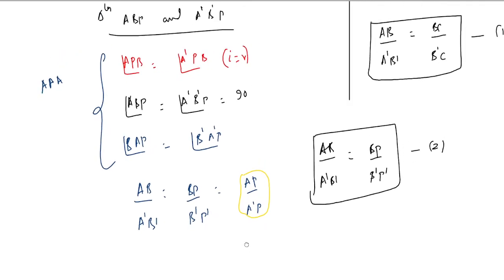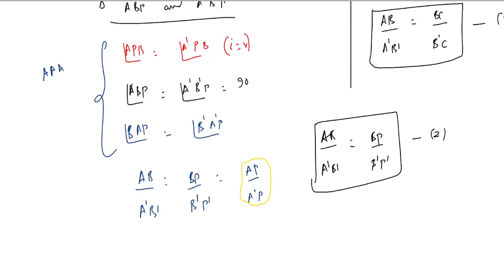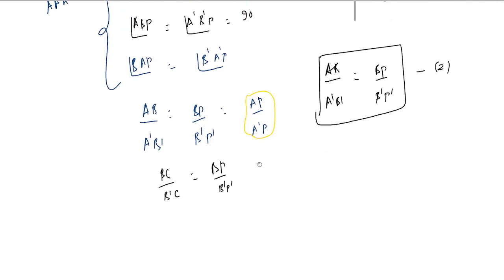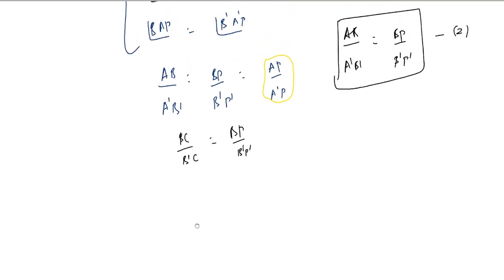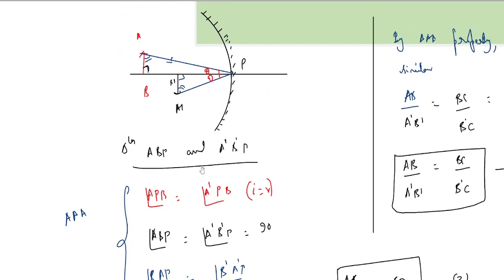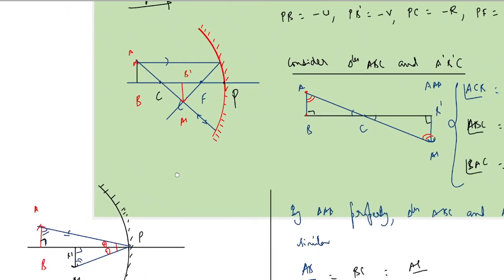Now compare 1 and 2. From 1 and 2, it's obvious that BC by B'C is equal to BP by B'B', is what you get. We'll write the values from the diagram itself, as given here.